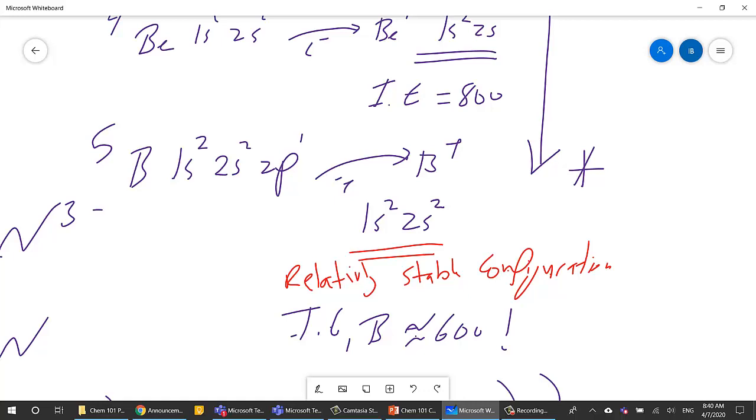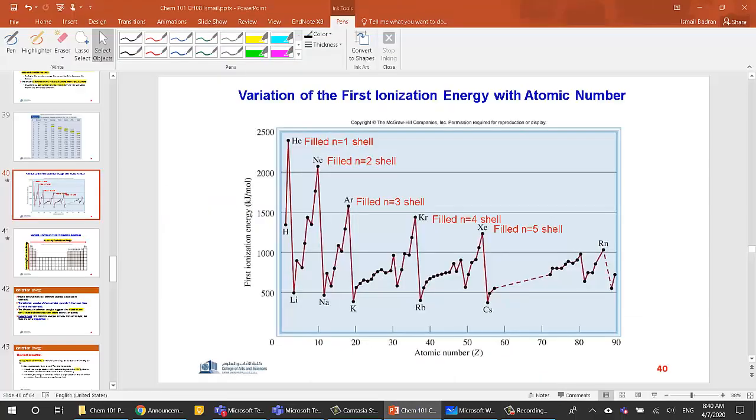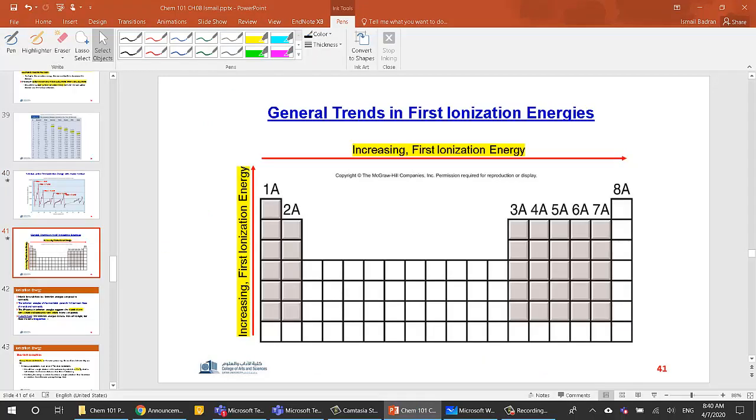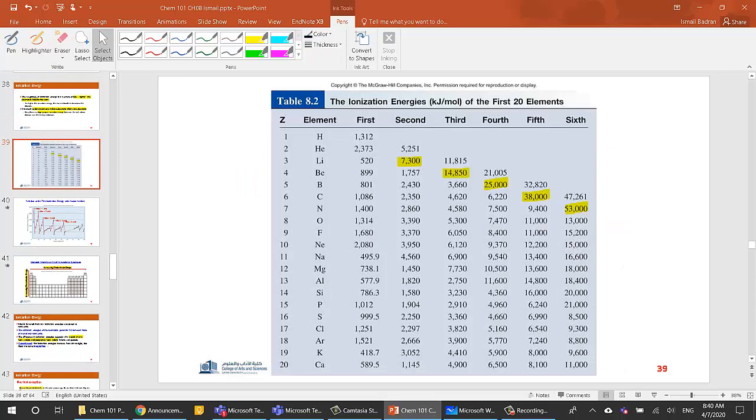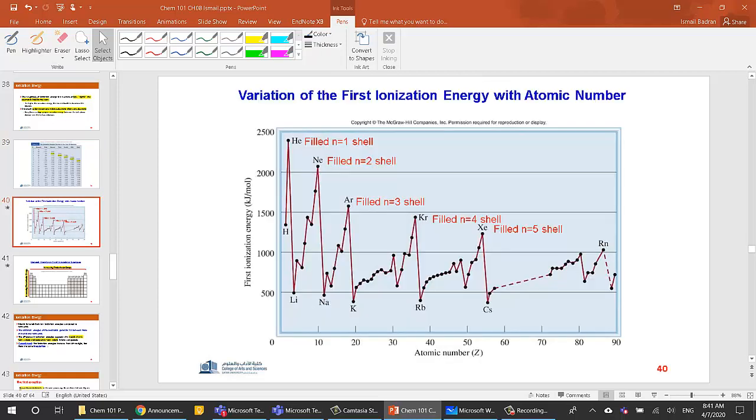Okay, but if we go to the element after that, which is carbon, the jump increases to 1,000 and so on. Now, based on this, you can also explain the second jump.